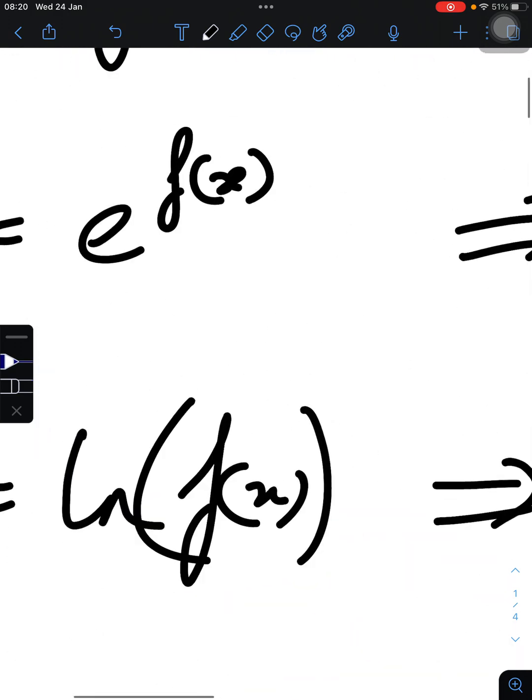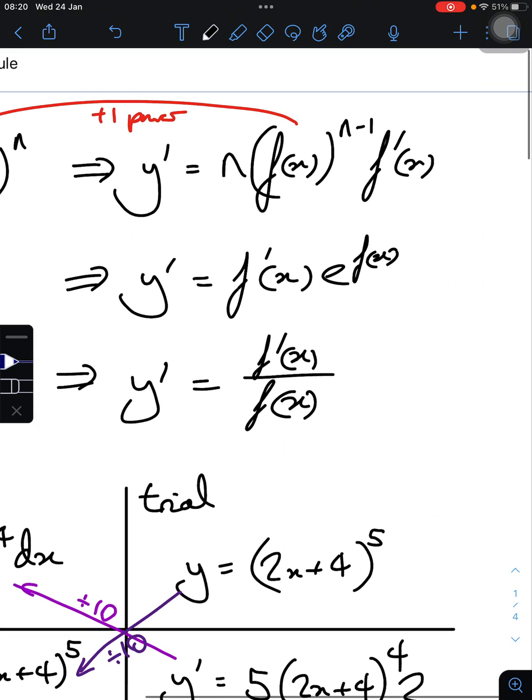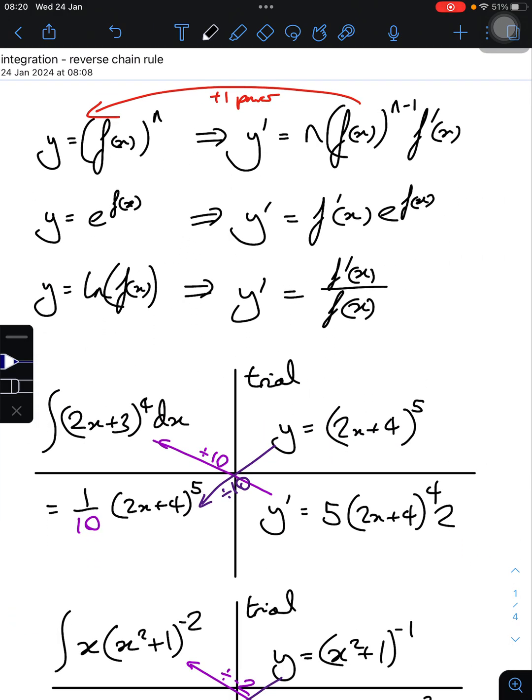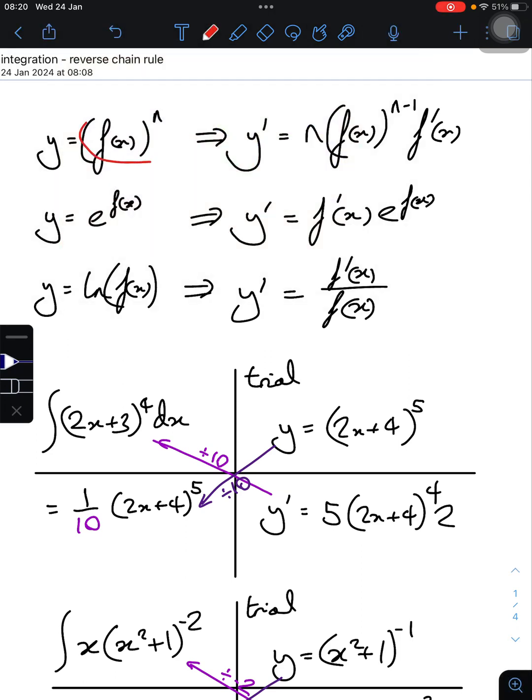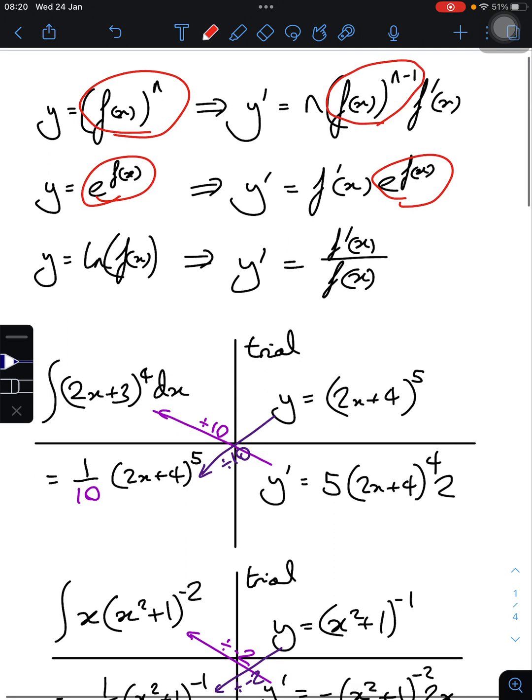Well, we know that e to the f of x differentiates to f dashed of x, e to the f of x. So e to the f of x doesn't change. So if I were to circle the parts that we're trying in these cases, we're looking for this bit formed from that bit in our trial. We're looking for this bit formed from that bit, and this bit formed from all of it. Well, mainly from that though.